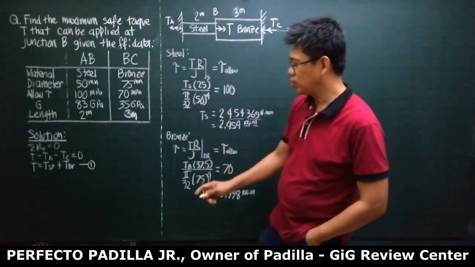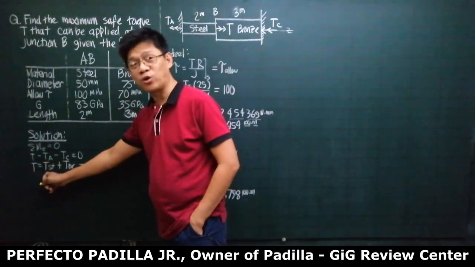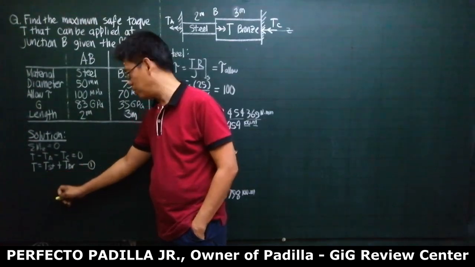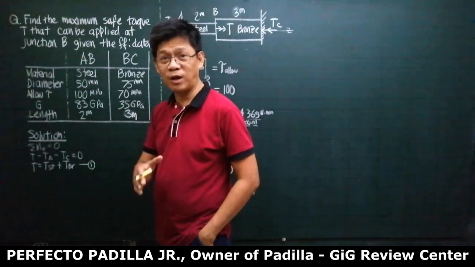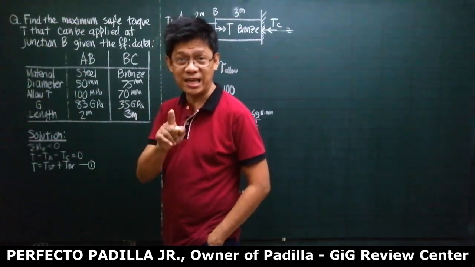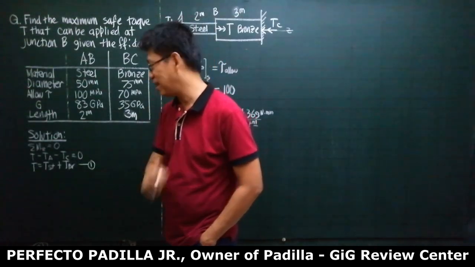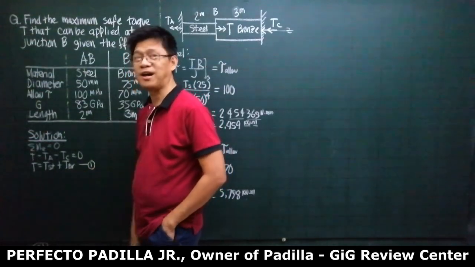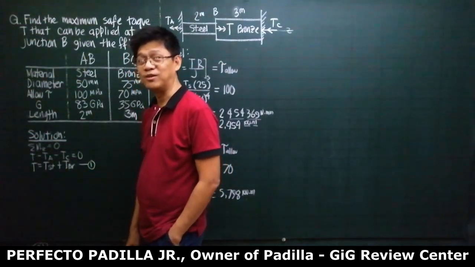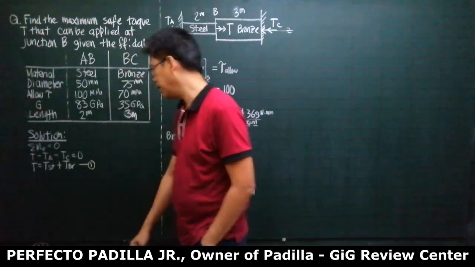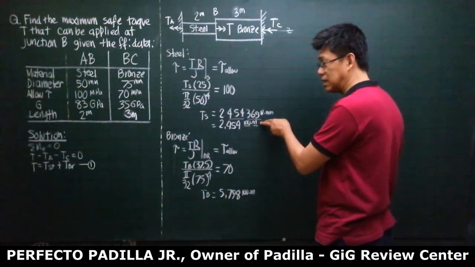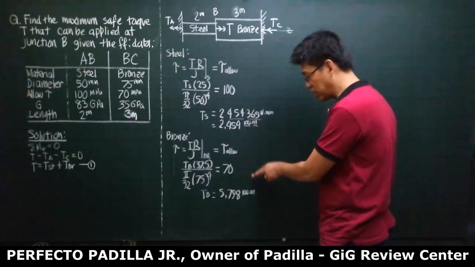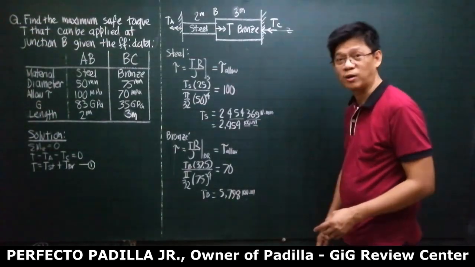So in order to solve T, we need the absolute value of the torque in steel plus the absolute value of the torque in bronze. The ones with a sign are TA and TC, but the torque in steel and bronze are absolute values. Now, the torque in steel is not necessarily this one, and the torque in bronze is not necessarily this one.